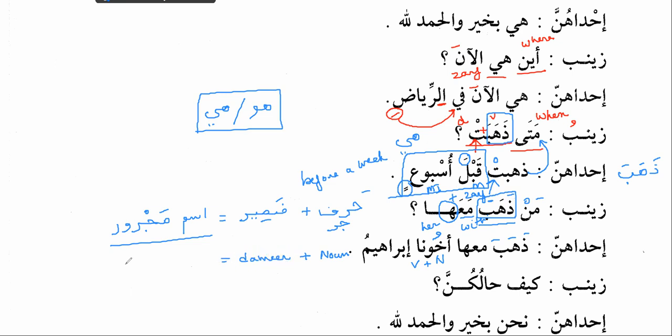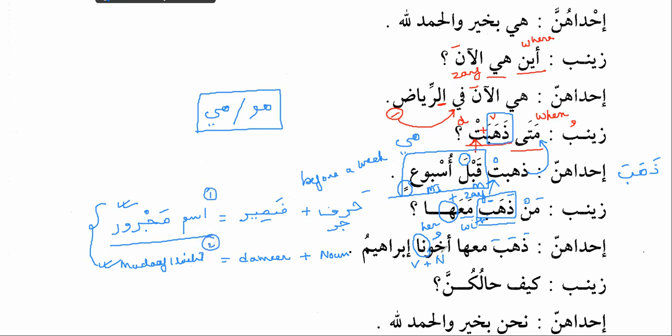It will be mudaf ilayh. It is all the Arab rules. So the position of the damir here is mudaf ilayh, majroor case. This is also majroor and this is also majroor. So in majroor there are two positions: ism majroor and mudaf ilayh, right?